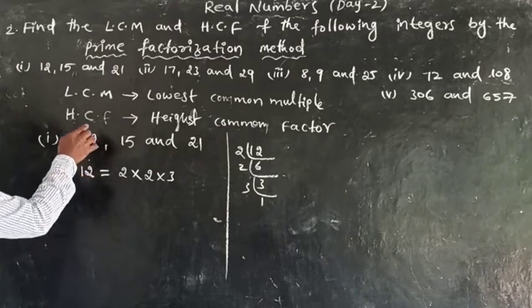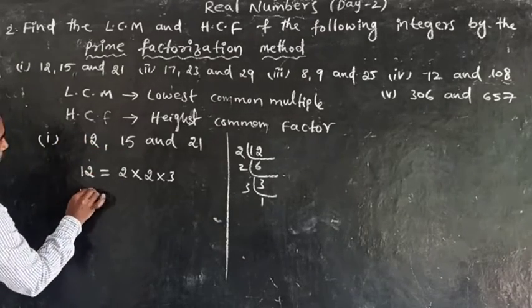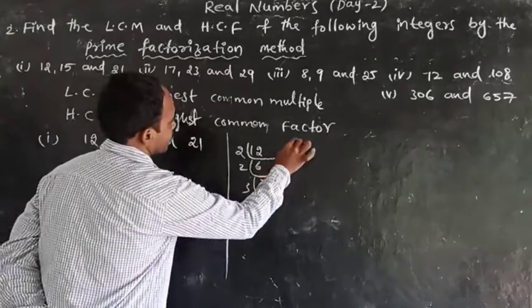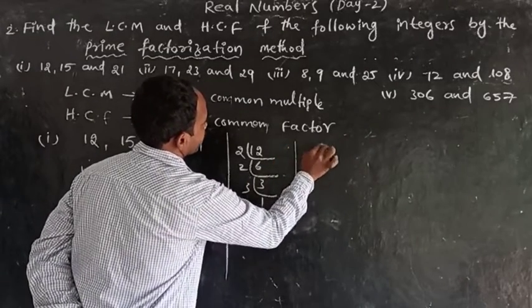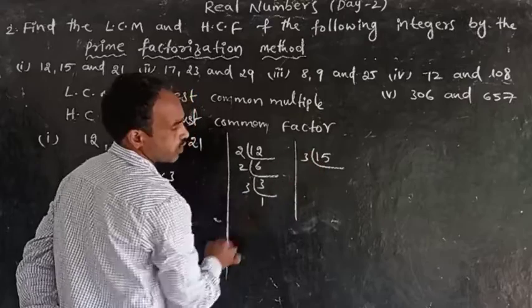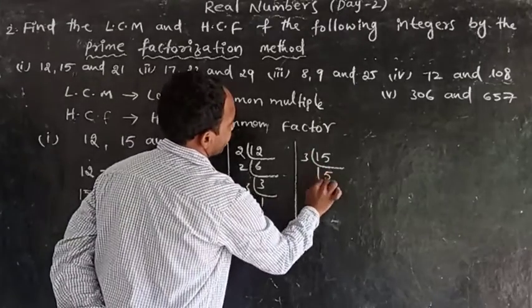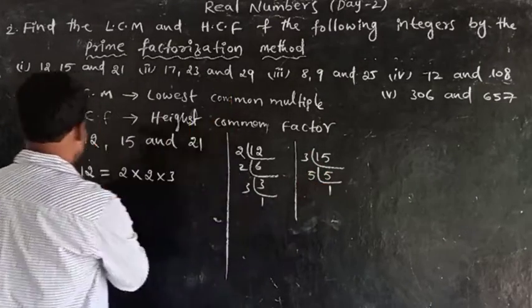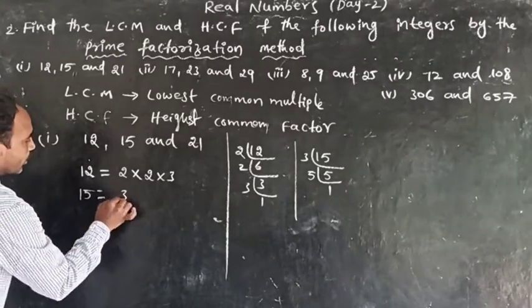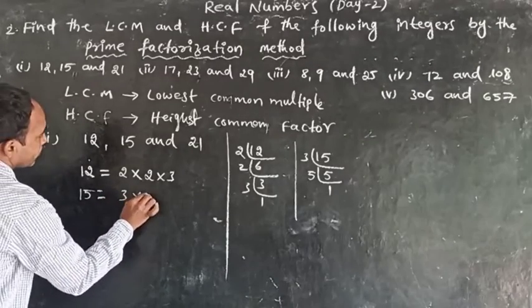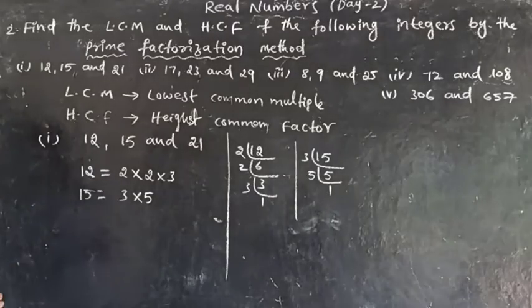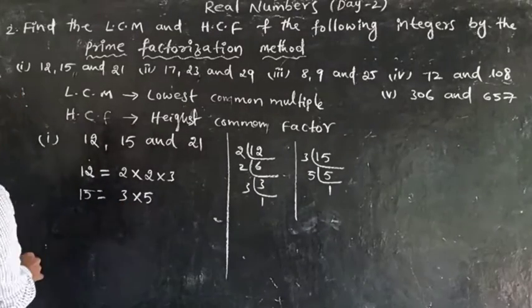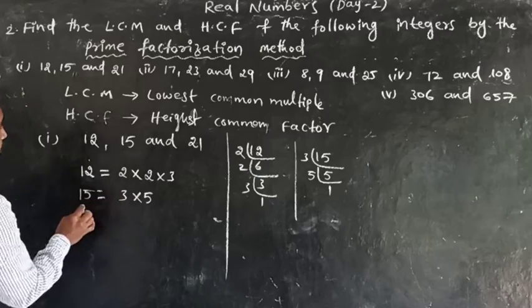Similarly, we will write 15. 3 fives are 15, and 5 ones are 5. So 3 into 5 is the product of the prime factors of 15.